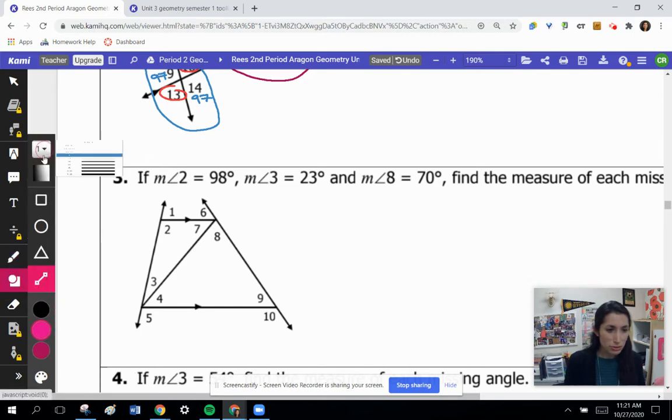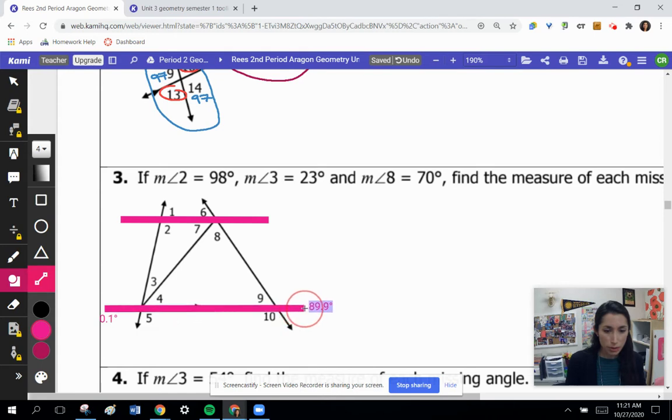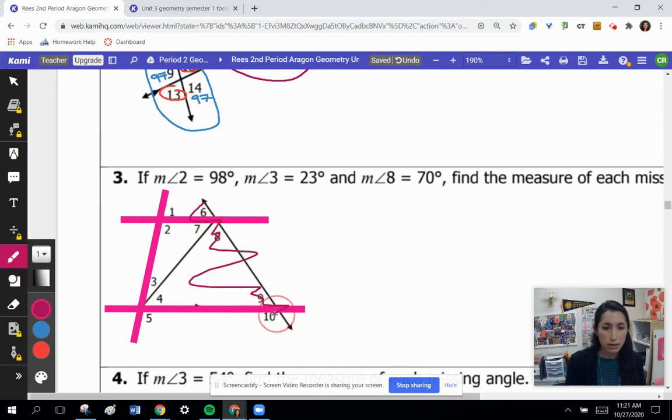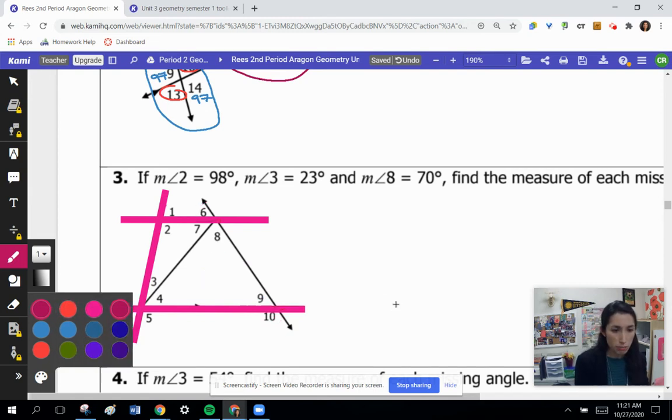On question 3 here, this one's a little more complex. I'm going to kind of make these parallel lines a little bit more noticeable. These are the lines that I'm going to look at to start with. And the transversal that I'm going to work with is this one here. So I'm really not focused on the angles off to this right-hand side here for a moment. I'm not worried about those. So what we're going to look at first here, we've got angle 2, that's 98 degrees.